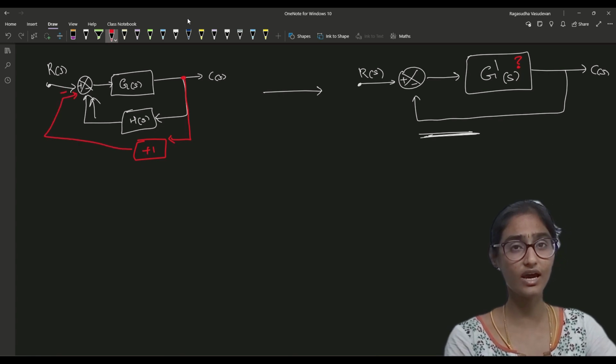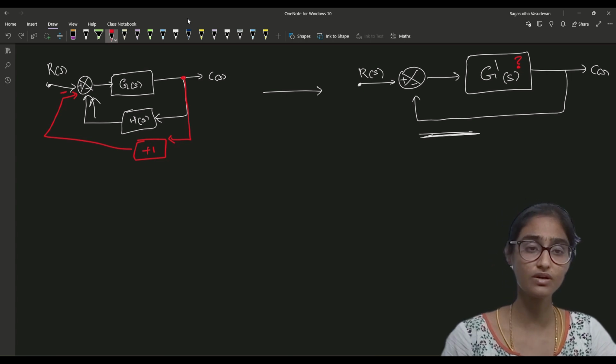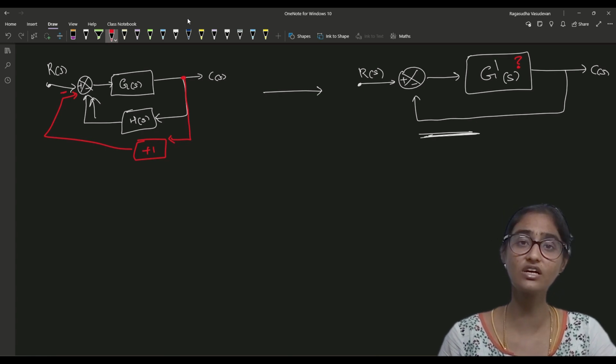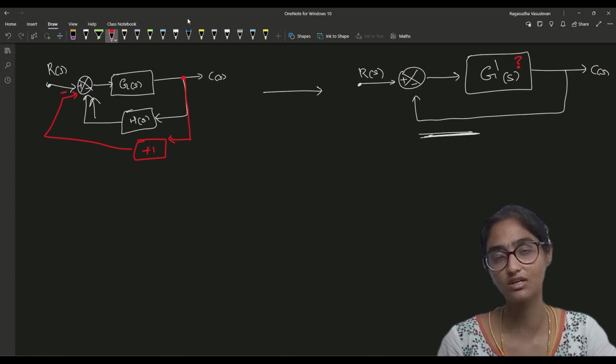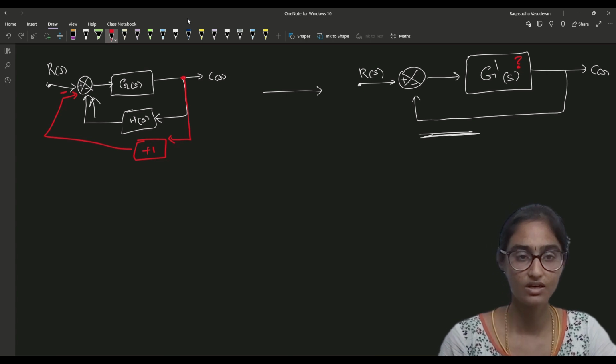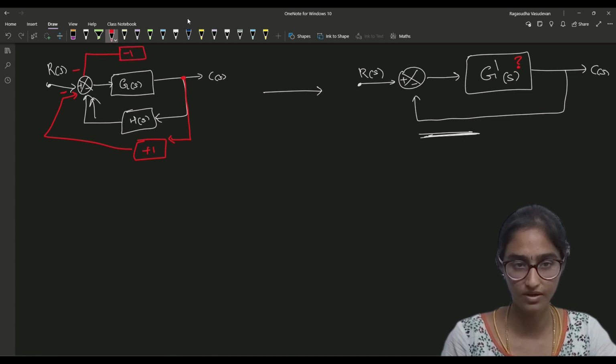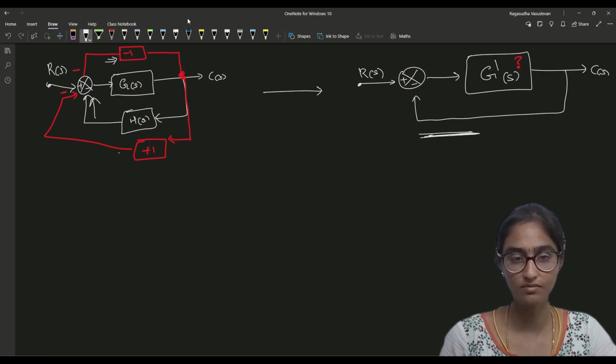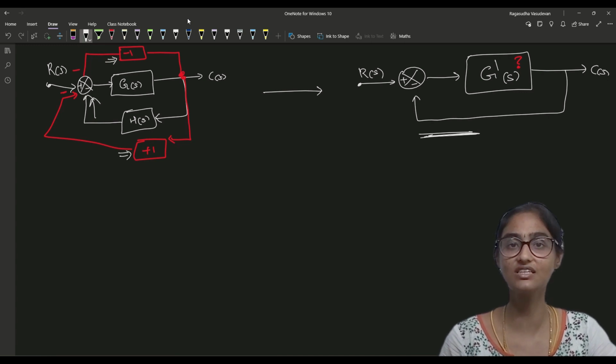When you are adding another loop, you have to subtract the same quantity so that the effects get nullified and you are not changing the original problem statement. So we can also subtract a term, minus 1, from the C(s), so that this term and this term cancel each other.